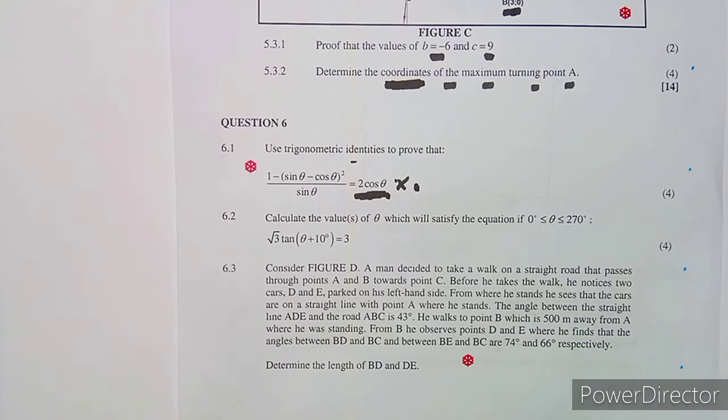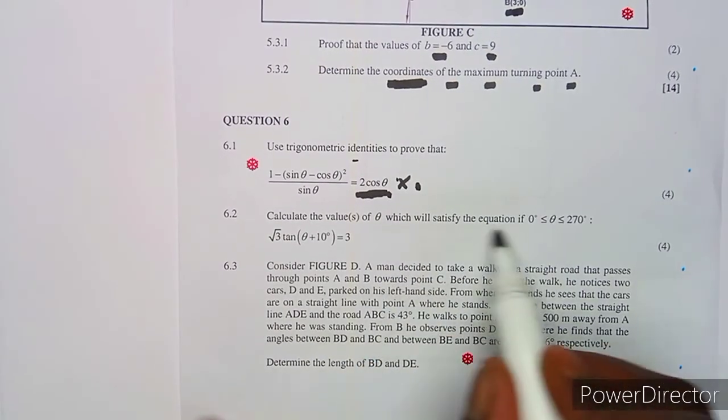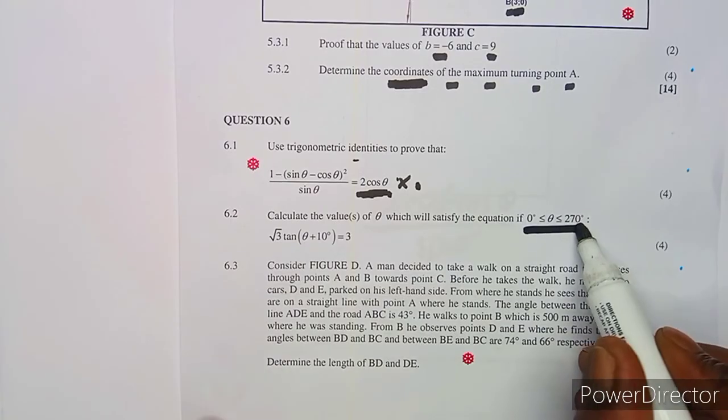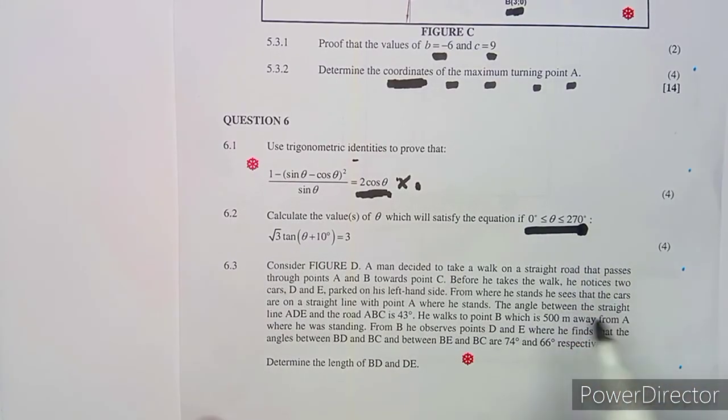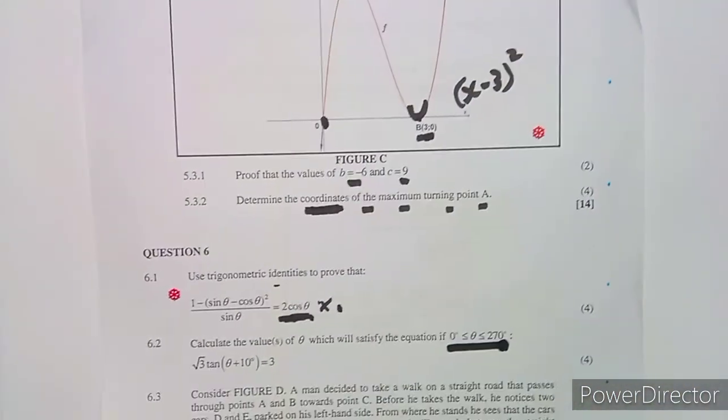Then on 6.2, we are given the part where we have to calculate the values of theta that satisfy the interval from 0 to 270 degrees.